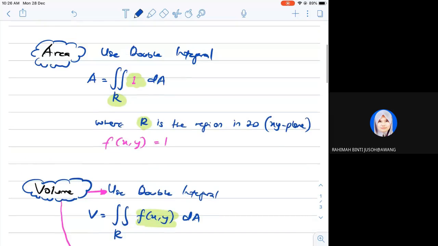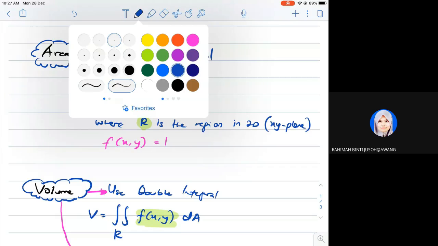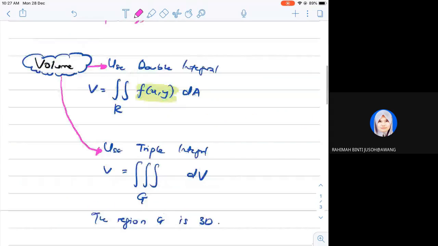The same as area using double integrals where we have a function equivalent to 1, the same thing happens here. In order to calculate volume using triple integrals, we will have 1 as the function. So that's the difference between calculating volume in double integral and in triple integration.